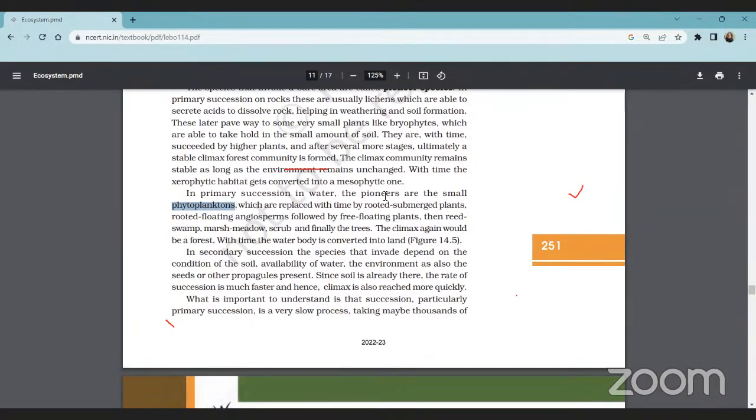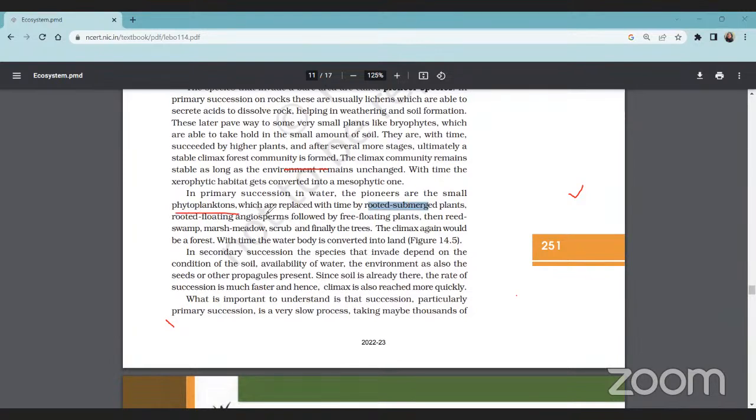With time they are replaced by rooted submerged plants, followed by rooted floating angiosperms and free floating plants, then marsh, meadow, and scrub, and finally the trees.